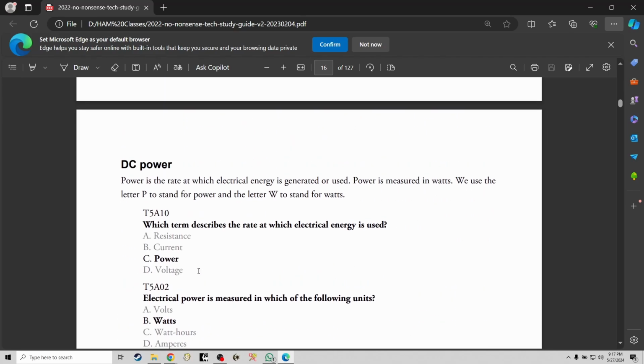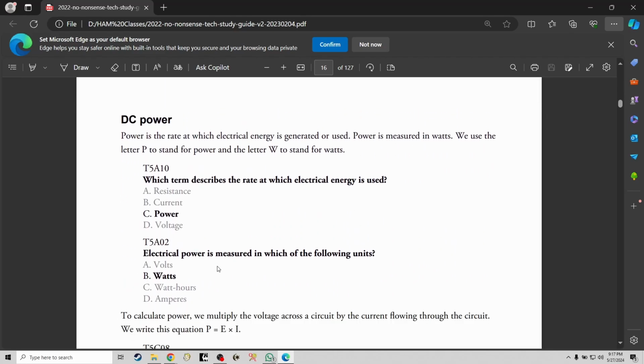All right, DC power. Which term describes the rate at which electrical energy is used? Of course, that is power. Power is the rate at which electrical energy is generated or used. Power is measured in watts.